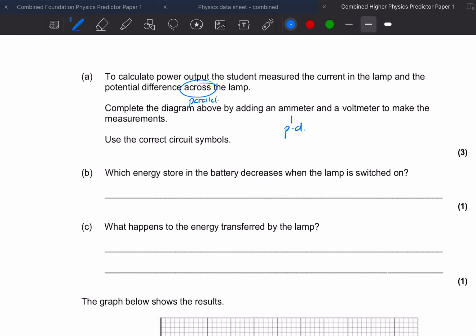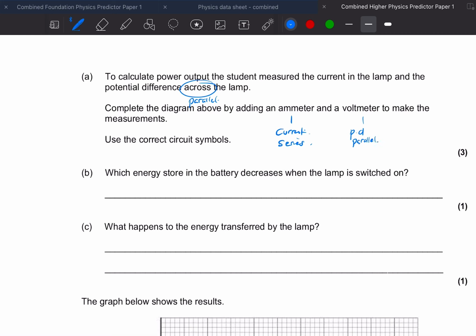My mistake here. Ammeters measure current, and the current is just in the lamp, so that's going to be in series, and the voltmeter is your potential difference, and that is going to be parallel.